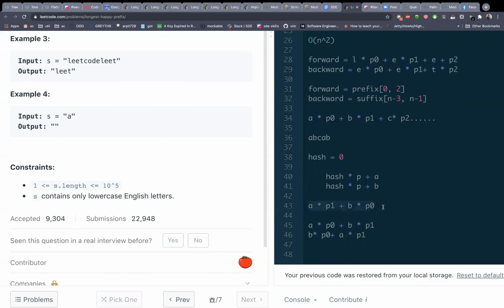We have reversed our hashing logic a bit. The last element should be P0, and the previous element should be P1. That's what we want. So now if you compare these two, they have become equal: A into P1 and B into P0.